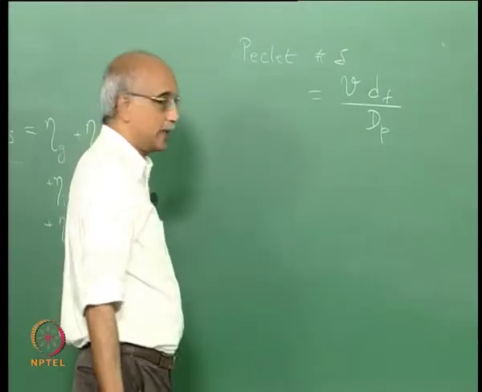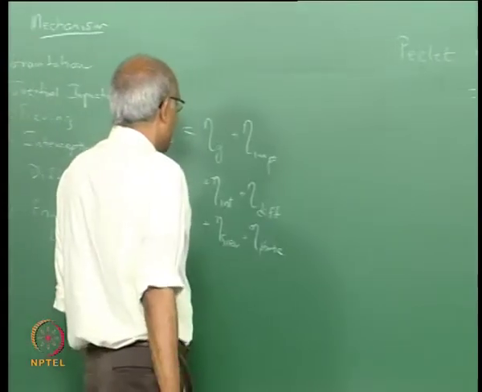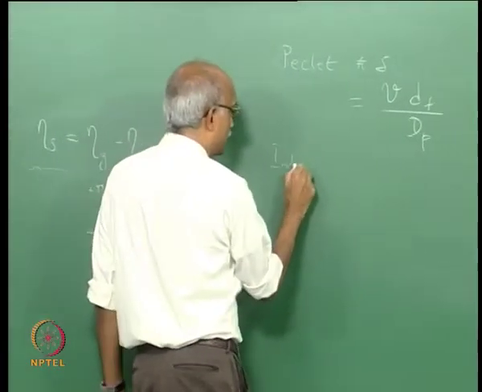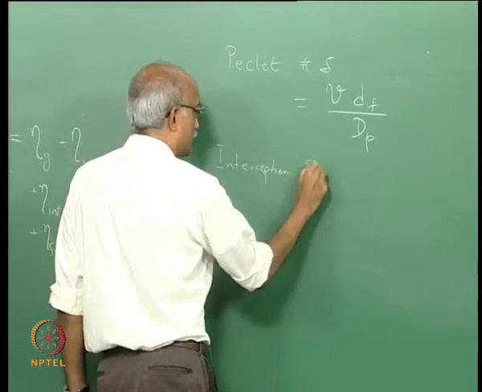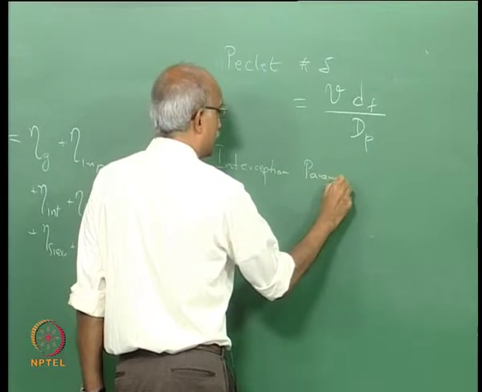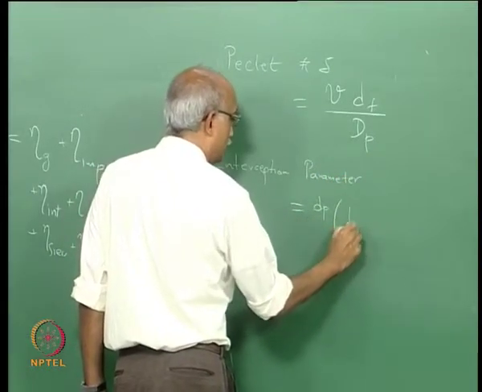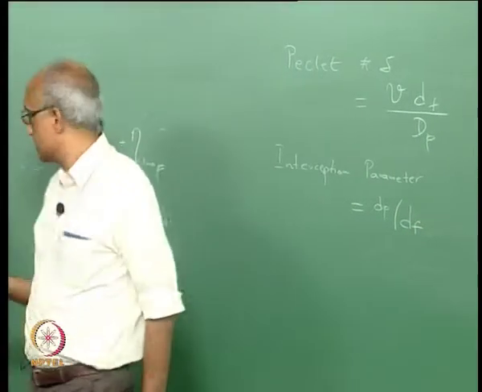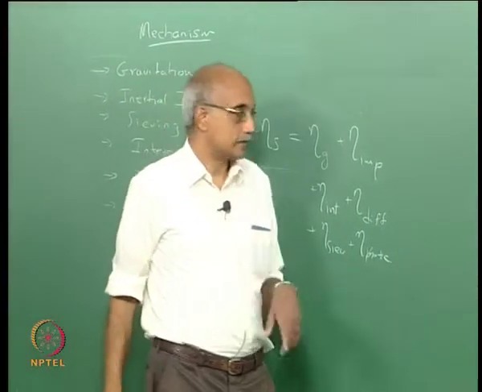So, you can define these Peclet numbers for each of these mechanisms. Interception, on the other hand, really cannot be represented in terms of a Peclet number. Instead, we use something called an interception parameter, which is the ratio of dP over dF. That is the ratio of the diameter of the particle approaching a fiber to the diameter of the fiber itself.